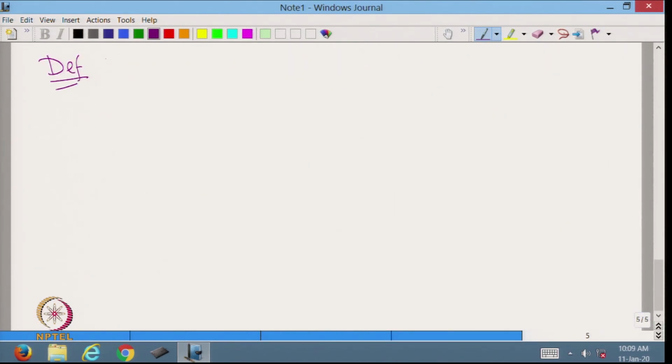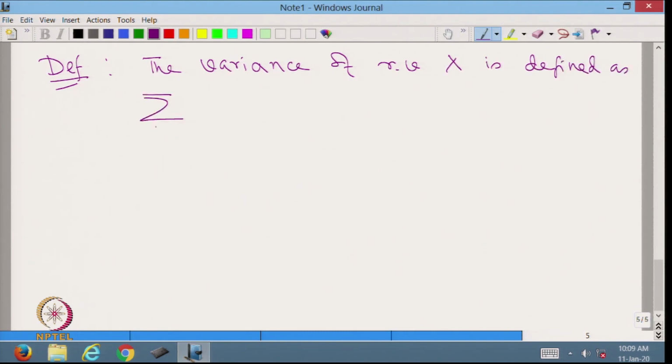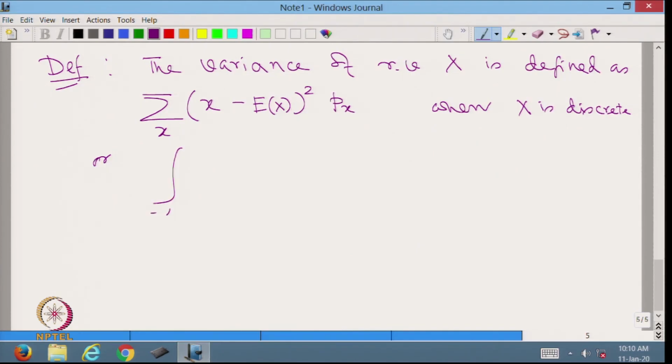Definition: the variance of a random variable X is defined as sigma over x of (x minus expected value of X) whole square times p(x) when X is discrete, and it is the integral from minus infinity to infinity of (x minus expected value of X) whole square times f(x) dx when X is continuous.